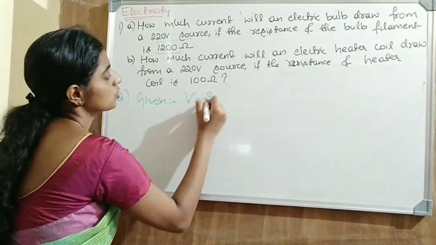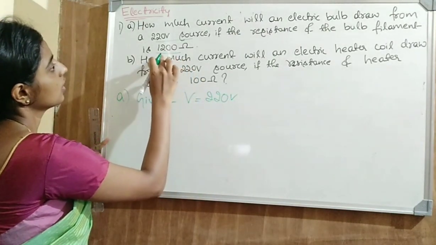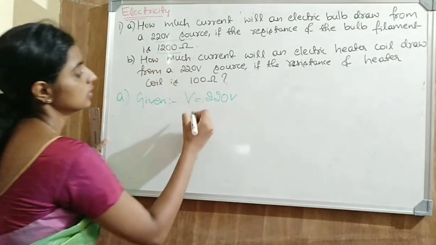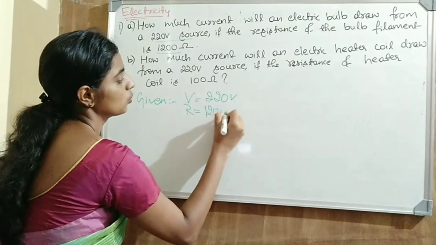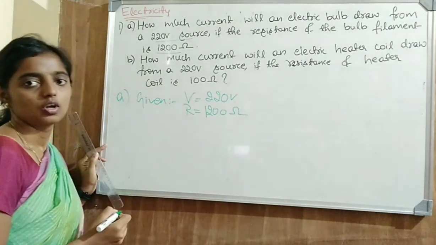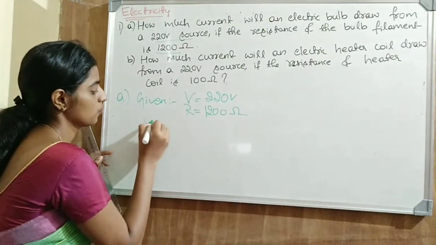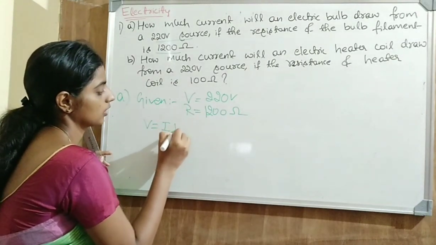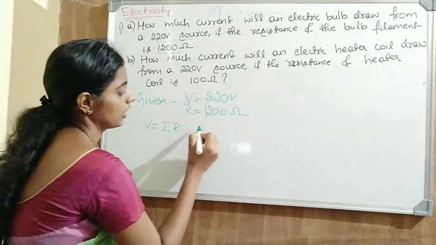Volt is 220, and resistance is 1200 ohm. Recall the formula of Ohm's law: V is equal to IR. We need to find the current here.